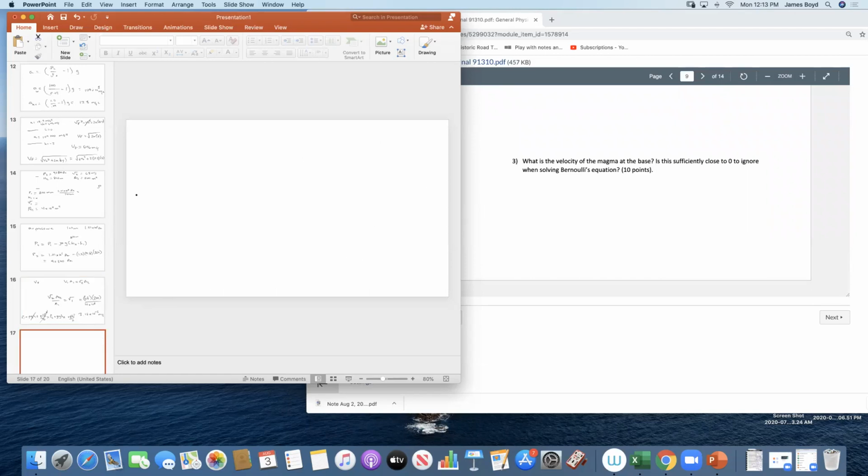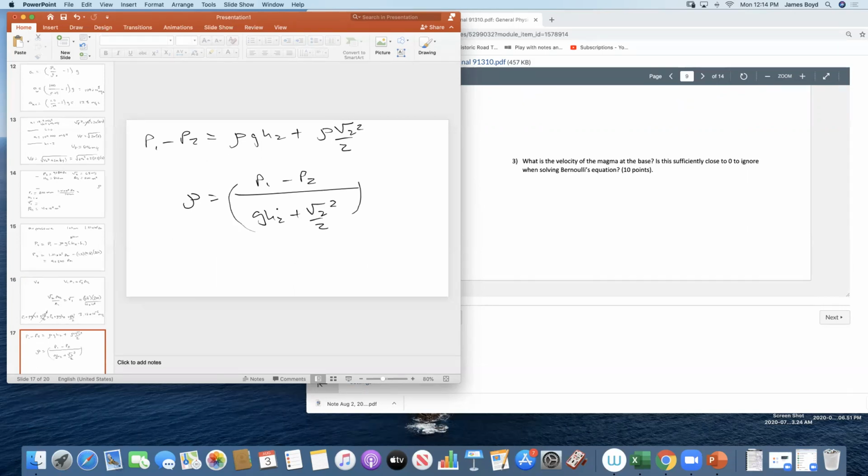And what we get is that P1 minus P2 is equal to rho g H2 plus rho V2 squared over 2. And I want the density rho. So density is P1 minus P2 over g H2 plus V2 squared over 2.